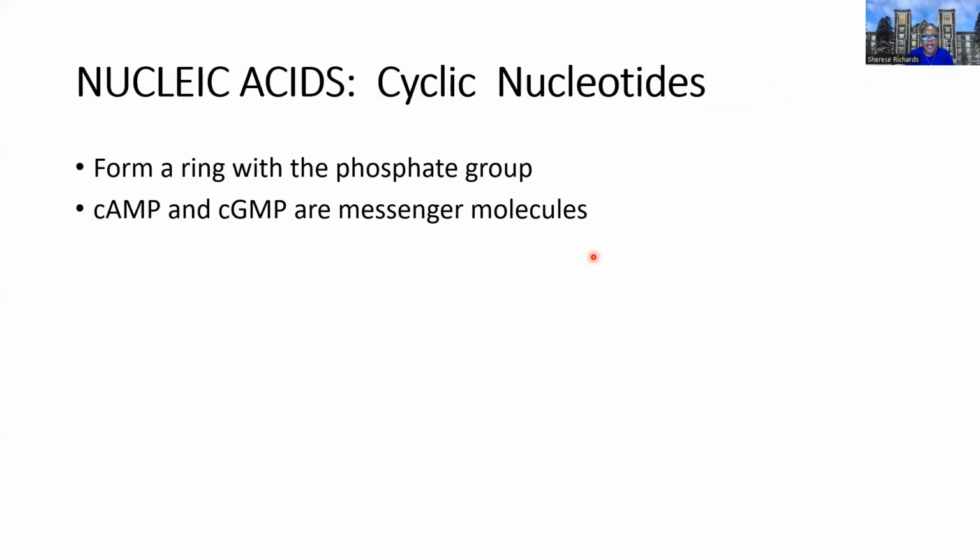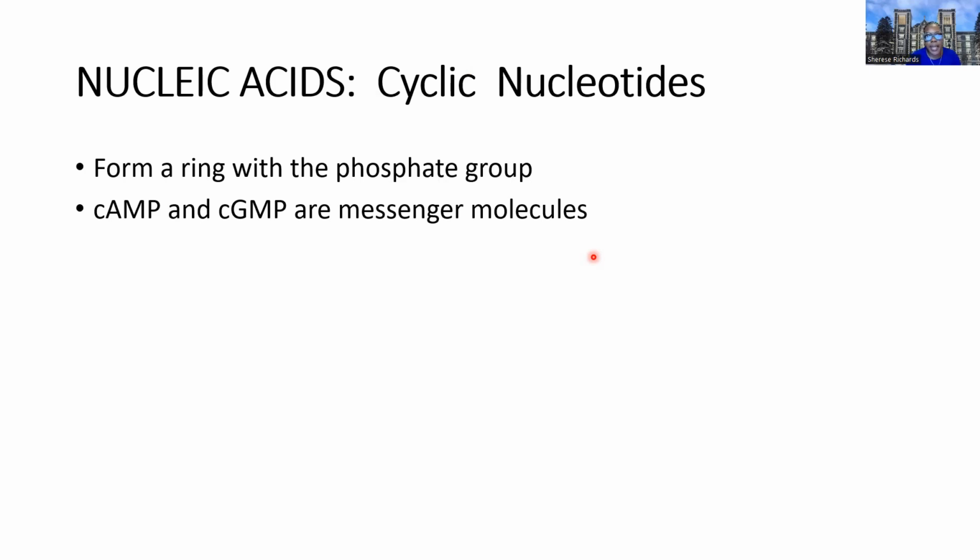Okay. Another type of nucleotide are cyclic nucleotides. These can form rings instead of phosphate chains, as we just saw. And so this is going to form cyclic AMP and cyclic GMP. These are also messenger molecules that are used in many of our signaling cascade processes, the way that we allow cells, especially with receptor binding, to receive instructions on internal processes by way of the signaling cascade or the signal transduction.